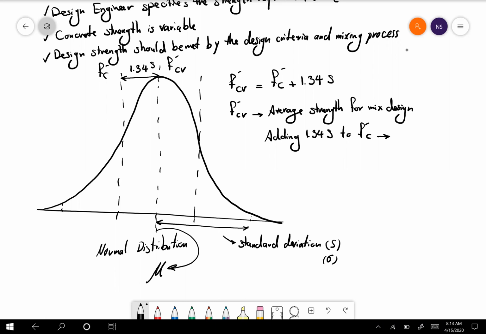That means that 90% of the concrete will be stronger than specified strengths.